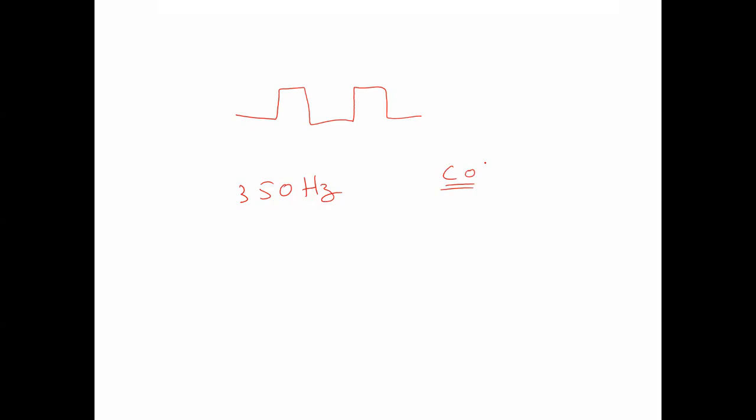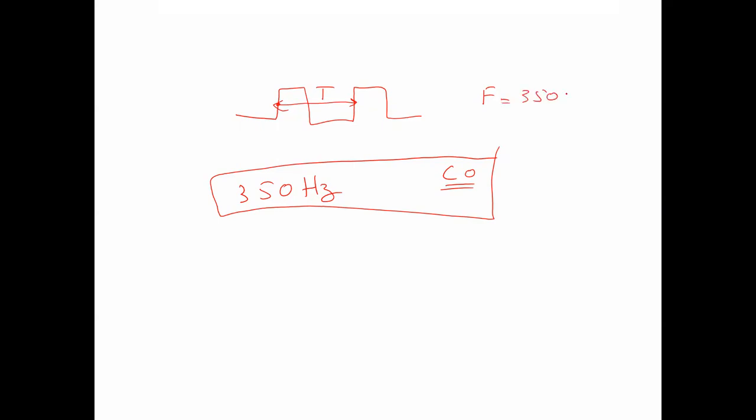Write a program to generate this signal. We have 350 hertz, which is the frequency. From the frequency, we have to find the period, which is 1 over f.